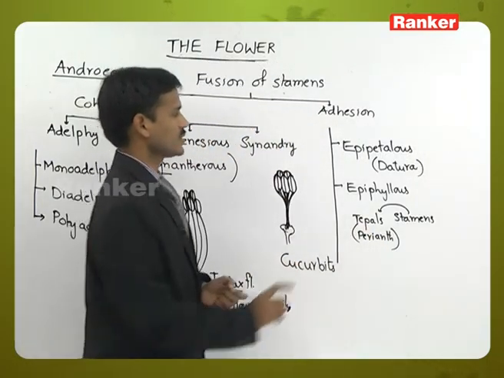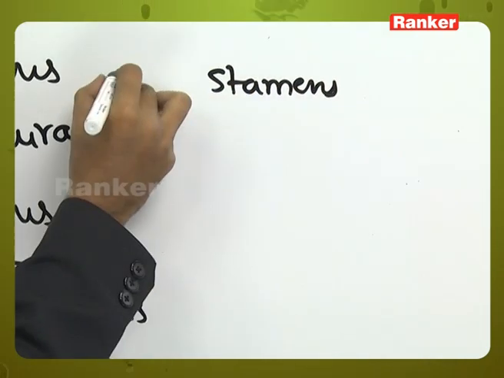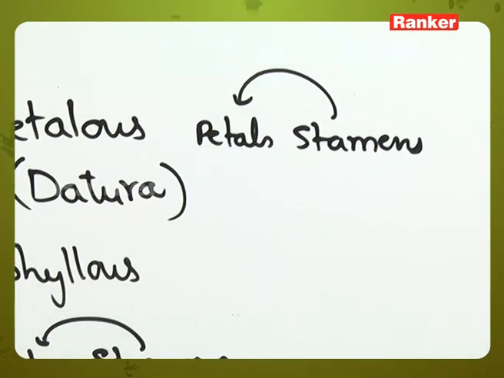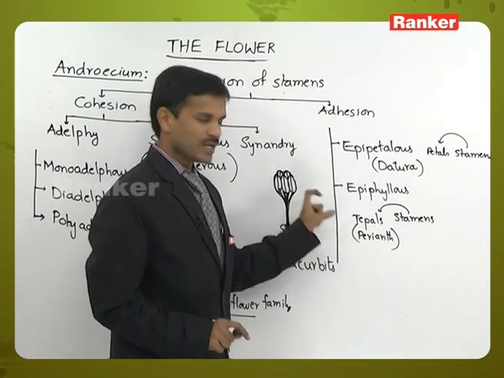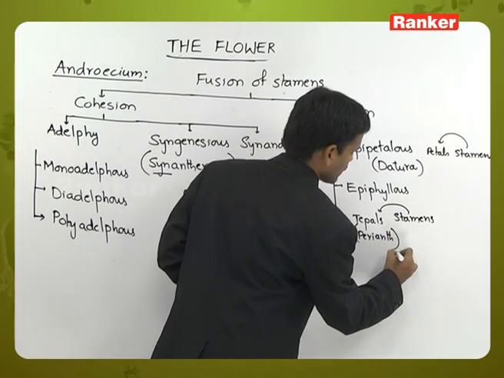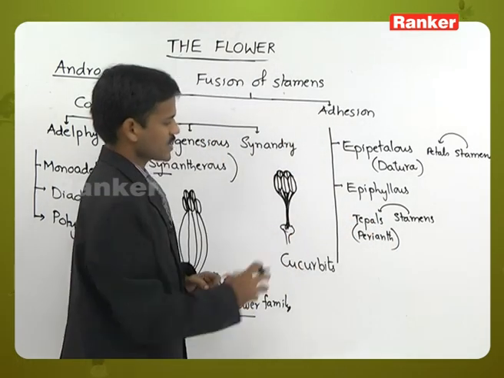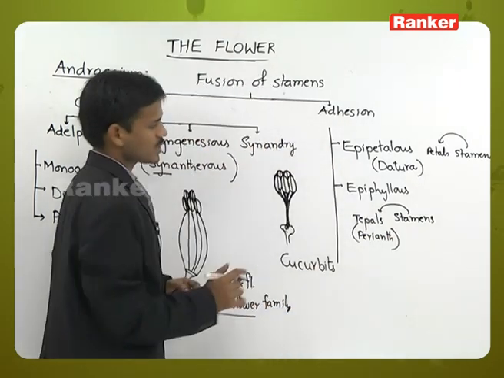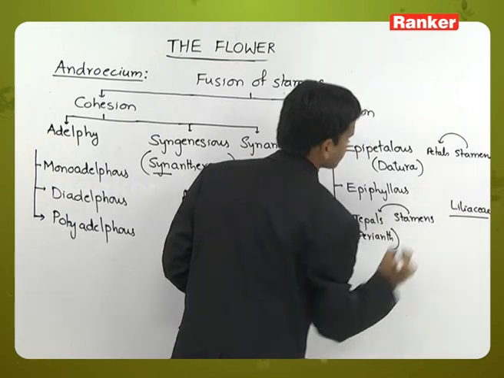Epipetalous means stamens are fused with petals, while here the stamens are fused with tepals or perianth lobes. In Liliaceae family members, tepals are present, and sepals and petals are not distinct. So epiphyllous condition is observed in the Liliaceae members.